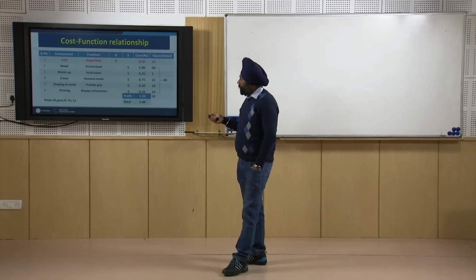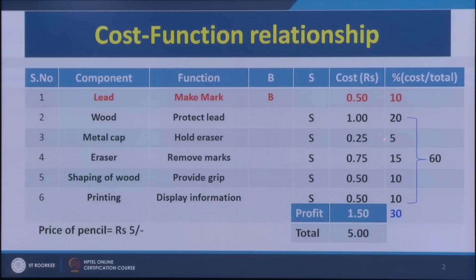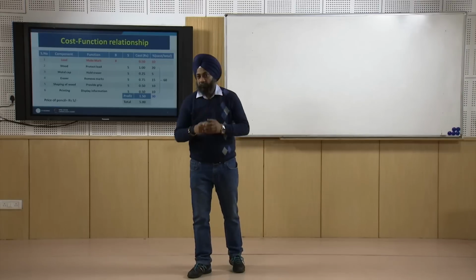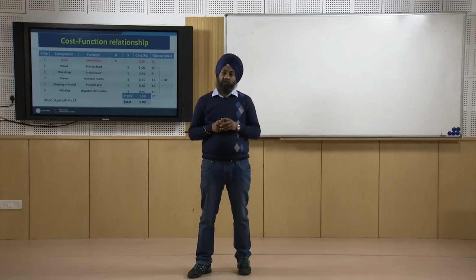So if you see here, most of the money, maybe 60% of the cost, is only going into the secondary functions. Only 10% is the cost which is actually contributing to achieving the intended or desired function. Now what should be our focus as a product designer or as a value engineer?